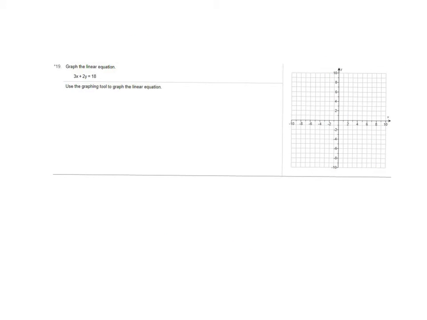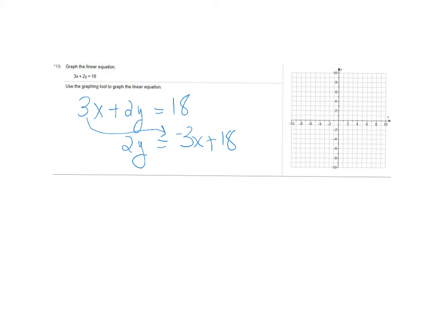Graph the linear equation. Once again, probably the easiest way, not the only way, but probably the easiest way would be to move this into slope-intercept form. So I'm going to take the 3x and move it over. It becomes a -3x. And then I'm going to have to divide everything by 2.